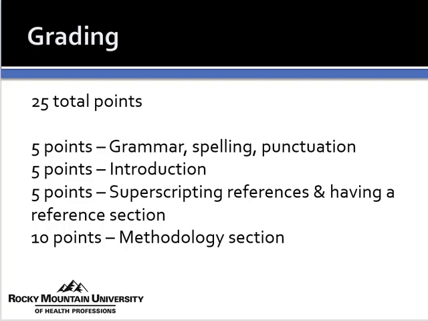Oftentimes, what I do is in the first paragraph, I'll try to illustrate the problem. So if I'm working with athletes or if I'm interested in studying athletes, I might highlight that there are injuries that occur in that particular sport and that reducing injuries can have then a potential positive effect.